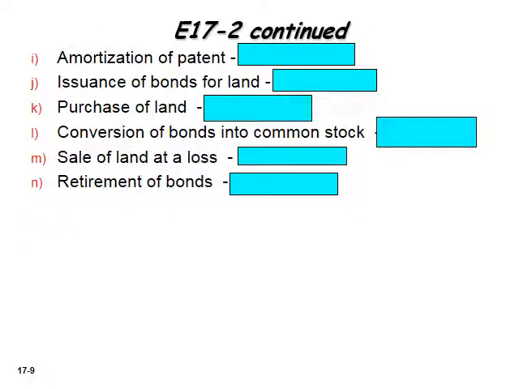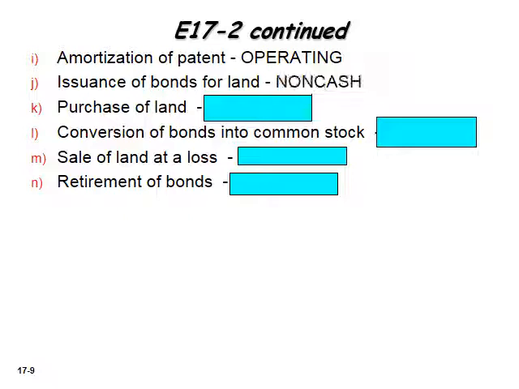This continues, amortization of a patent. So amortization is a non-cash activity. So if we're doing an indirect statement, it's an adjustment to net income, so it would show in the operating section. Issuance of bonds for land. So again, this is a non-cash transaction, but we have a financing activity taking place for an investment activity. So this would be a non-cash investing financing transaction.